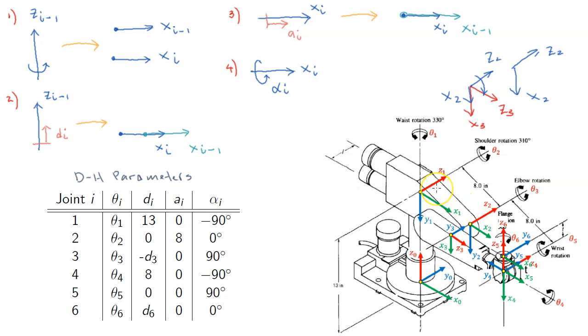In other words, we were rotating and translating such that coordinate frame i minus 1 would be coinciding with coordinate frame i.